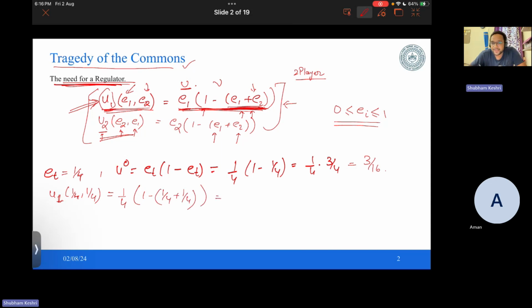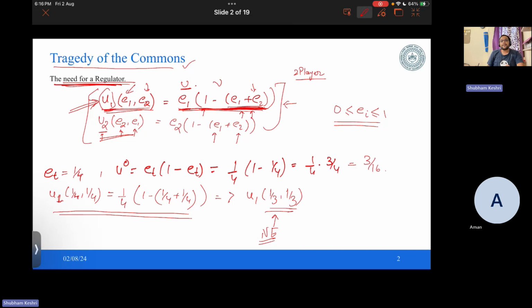And when you obtain this, you will see it is greater than U1 1 by 3 comma 1 by 3. And this 1 by 3 comma 1 by 3 is the Nash equilibrium. So you see that a utility higher than the utility of Nash equilibrium is obtained.